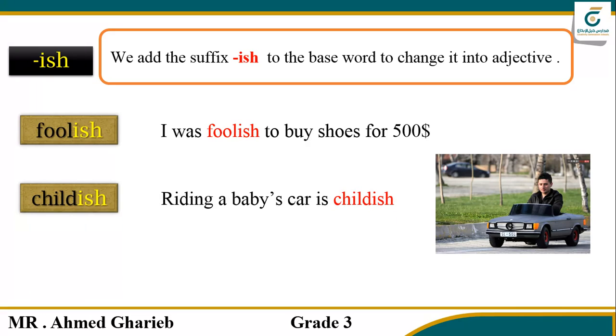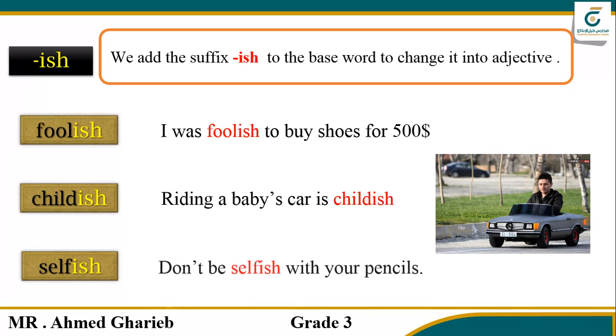The third one is selfish. The noun is self and ish changed it into an adjective. So selfish means uncaring for others. You are just caring for yourself. Okay? For example, don't be selfish with your pencils. If you have extra pencils in your class, what do you do?